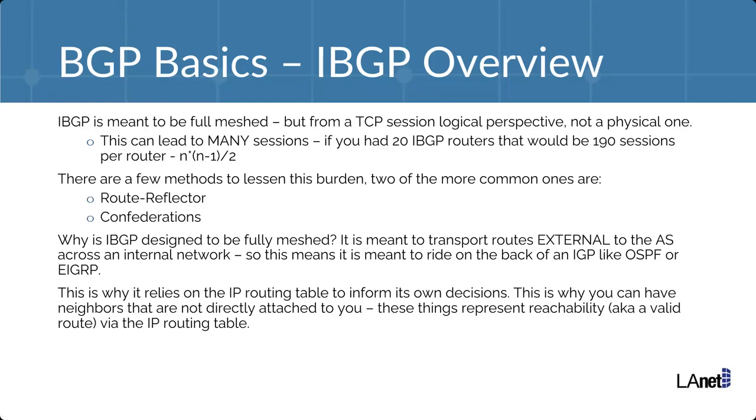What I really mean is that I can establish a TCP session, so I have to have logical connectivity. I have to be able to reach all my IBGP neighbors. I have to have reachability in the IP routing table, right? We'll see this in a lab in a minute, but it's already a little bit different just from that perspective.